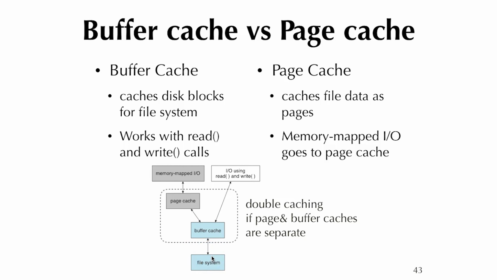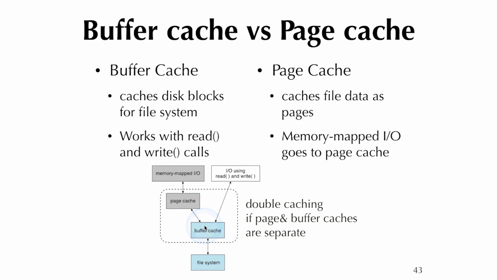Now, if you're doing memory mapped I/O or in conjunction with paging, then it's handled by the paging, and so it goes through here, but then because the page cache itself may also be associated with the concept of disk block, the OS says, oh, that looks like the disk, so it caches it.